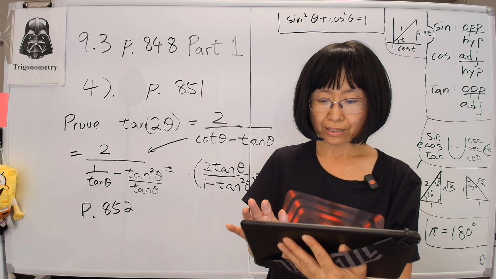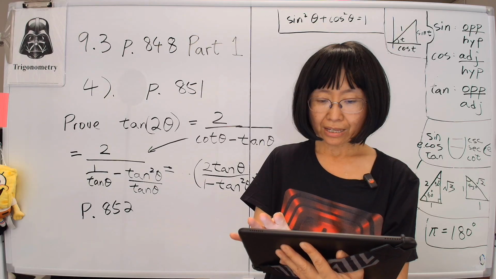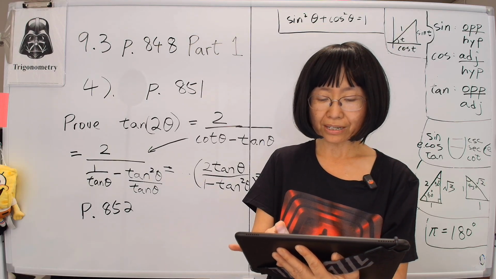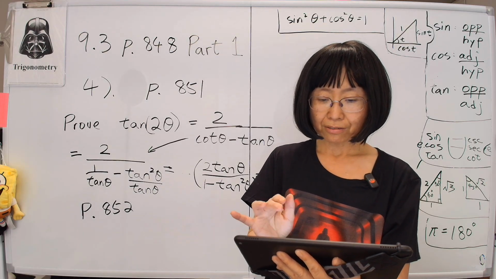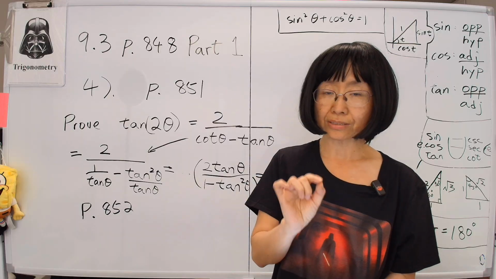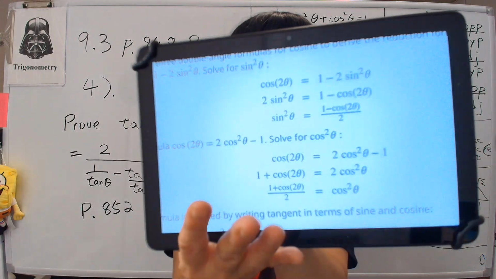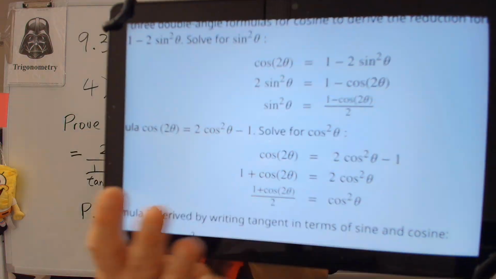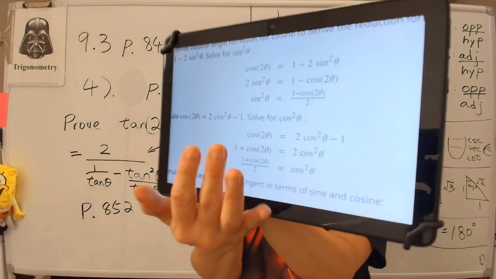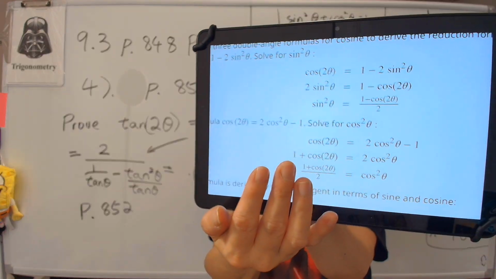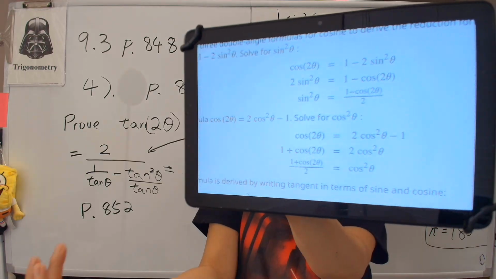The first one, and what are we reducing? What the reduction formula does is turn stuff that has squares in it into stuff that doesn't have squares. For example, on this page, about the middle of the page, page 852 here, okay? That says on the board, right here.